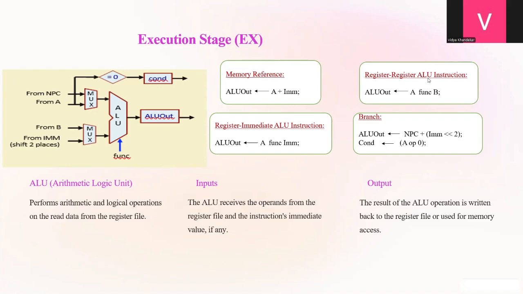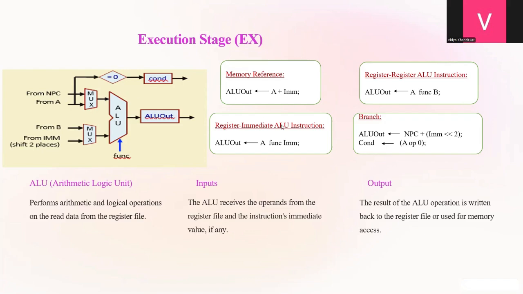For a register-register ALU operation, A should go and B should go. In that case, the select line will be selected and the A input will go to one input of the ALU and the B input will go to the other input of the ALU, and the operation will be performed.